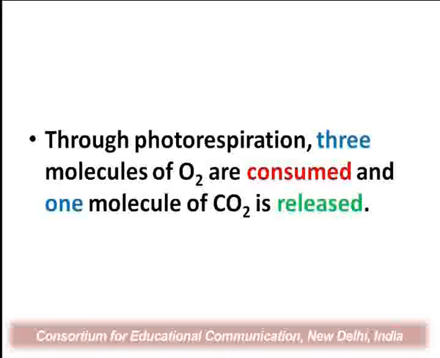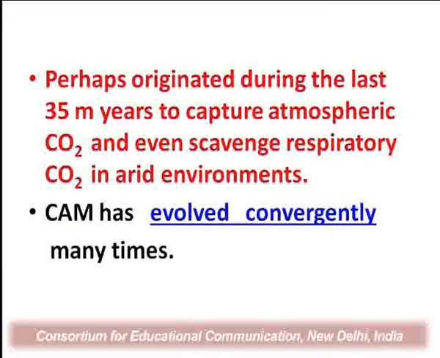So, to avoid the formation of free radicals, photorespiration has to occur in CAM plants. This is the price a CAM plant pays, and naturally the productivity goes down, and through photorespiration 3 molecules of oxygen are consumed and only 1 molecule of carbon dioxide is released.